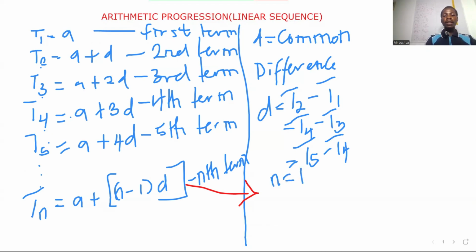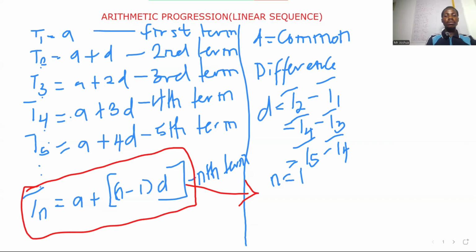And I apply, that means anywhere I see n in this particular formula, which is the nth term of an AP, let me put the value of 1. So at the end, we're going to have something that looks like this. We're going to have T1 equals A plus open brackets.